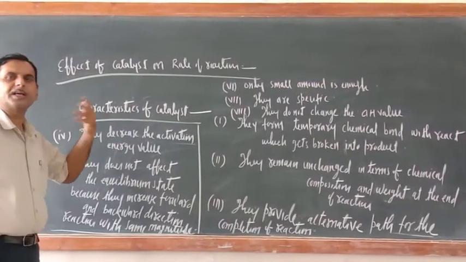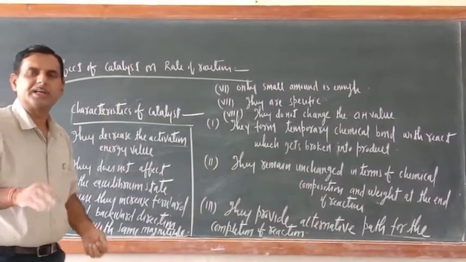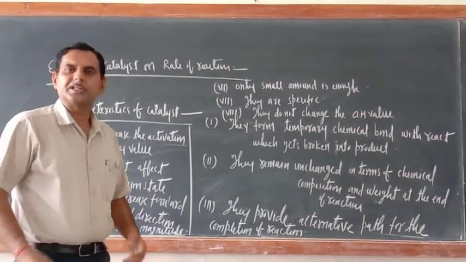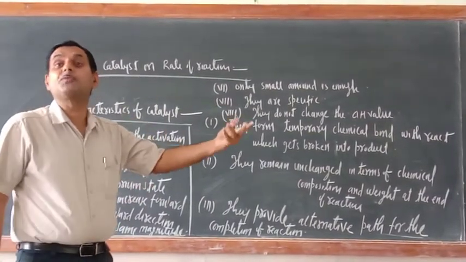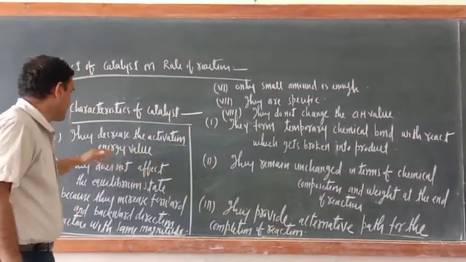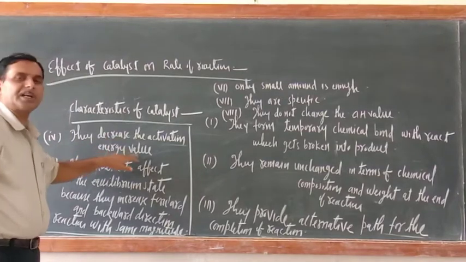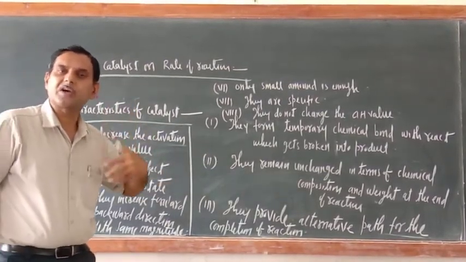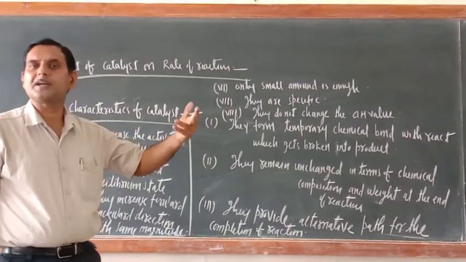How do they increase the rate of reaction? They increase the rate because, number one, they provide an alternative path for the completion of the reaction. And second, they decrease the activation energy value. So if the activation energy value is less, the reaction will be completed very easily.